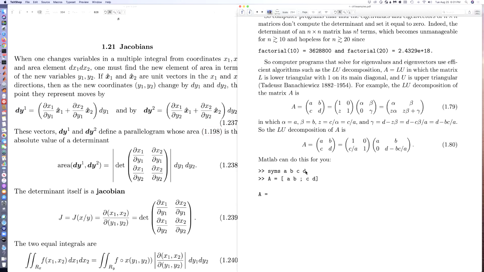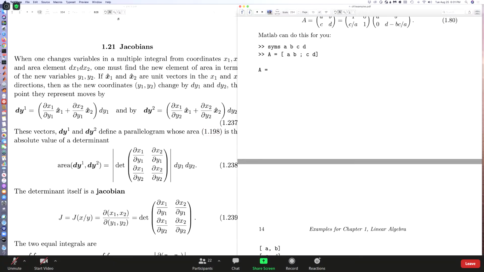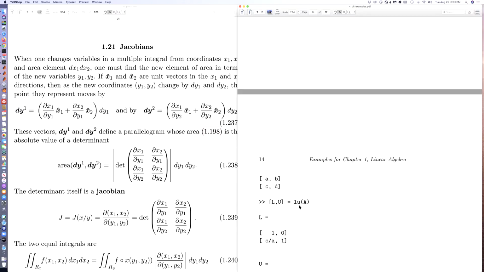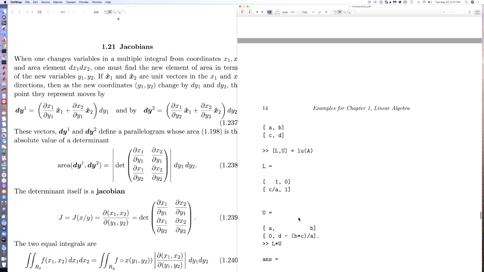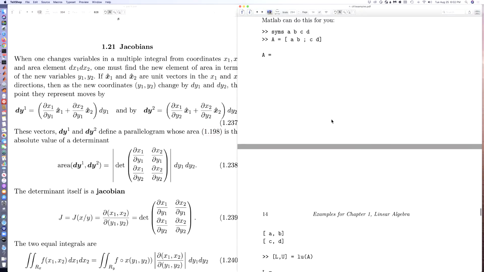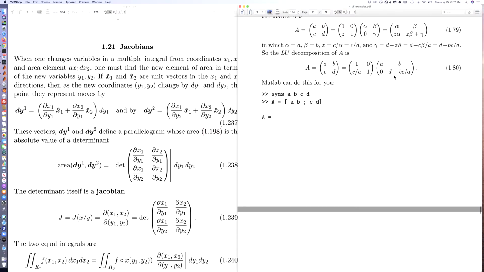And then you create a symbolic matrix like that. And there's the matrix. And then you say [L, U] equals lu of A. And indeed, it gives us what we found just using our fingers, namely that the left-hand lower diagonal matrix with ones on its main diagonal is this, and the upper diagonal matrix is that, which is exactly what I wrote up here.